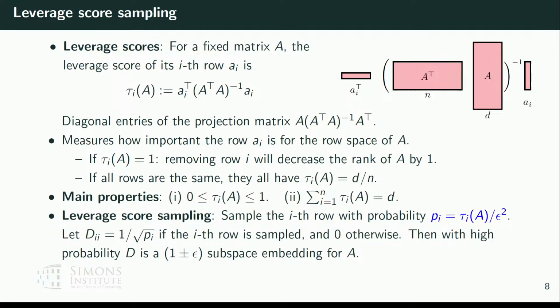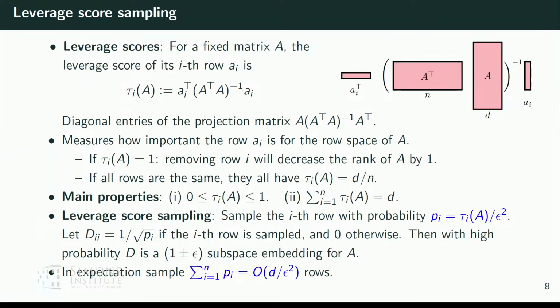It says that if we sample the ith row with a probability that's proportional to its leverage score, times 1 over epsilon squared, and we keep this row up to some scaling, and throw a row away if we don't sample it, then the sampling matrix D will give us an epsilon subspace embedding for A.